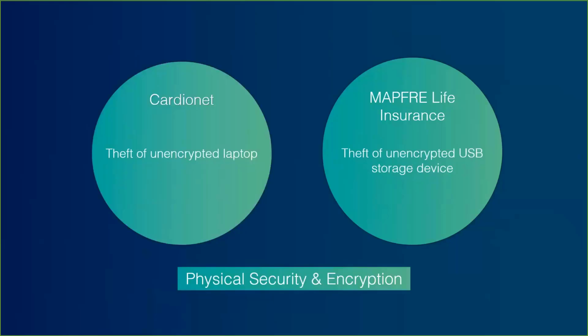If it has to go in transport, maybe it's in the trunk of a car that's locked, those types of things. And then, of course, encryption. So even if the information gets into the wrong hands, as long as the information is encrypted and they didn't get the key, the privacy and security is still maintained on that PHI.